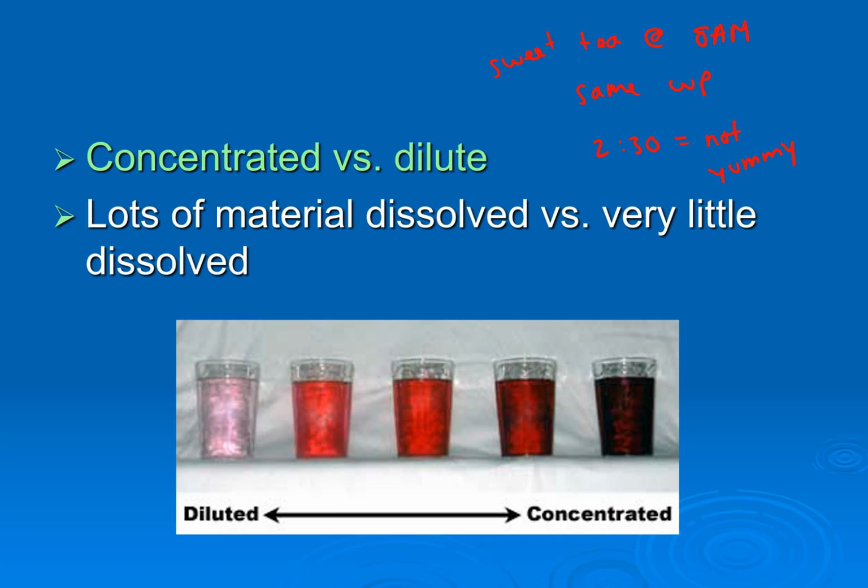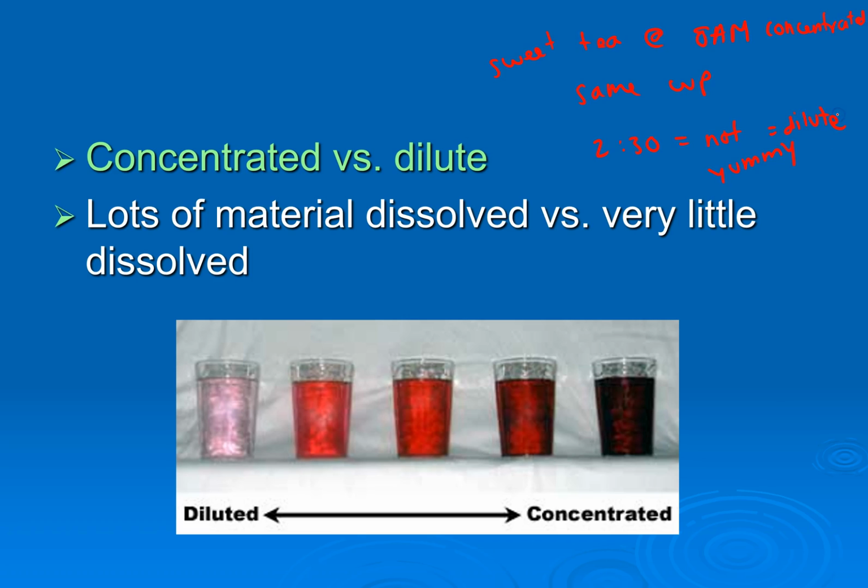So sweet tea at 8 a.m. is going to be concentrated, right? You've got just the right amount of sugar, just the right amount of tea. But as you go throughout the day and those ice cubes melt, by 2:30 your tea is now going to be dilute.